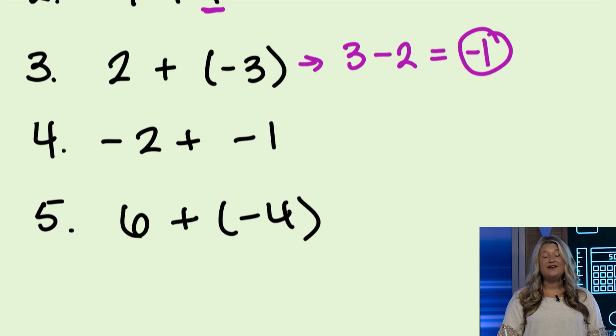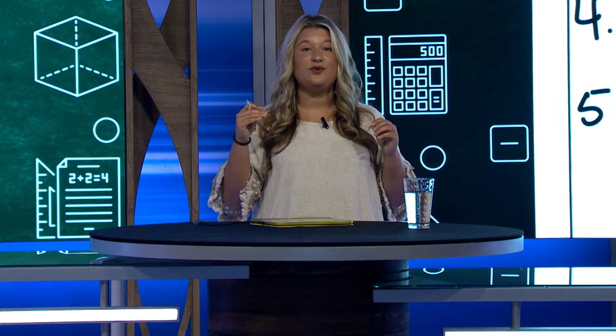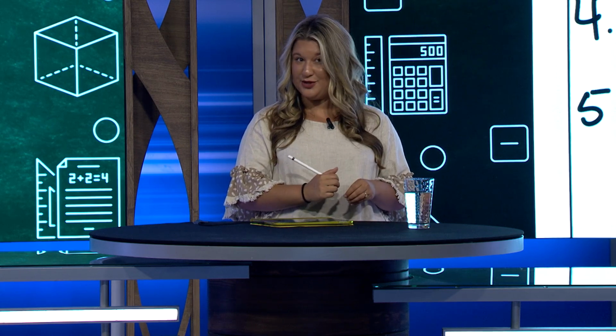We have -2 plus -1, and we have 6 plus -4. I want you guys to try this on your own. So if you are taking notes, which I suggest you do, I want you to write this down and pause and then try it. And then when you have your answer, play it.